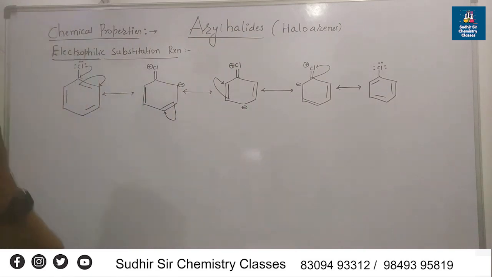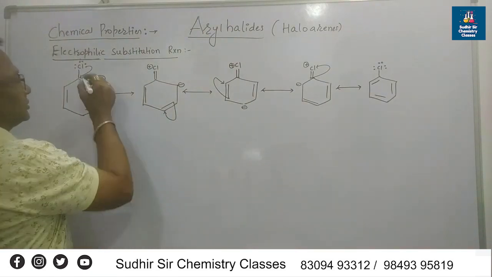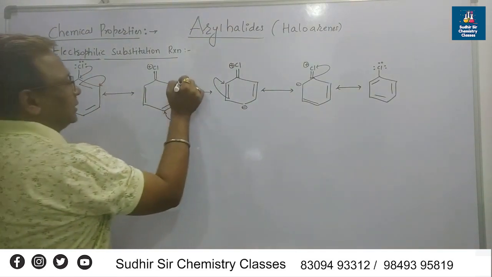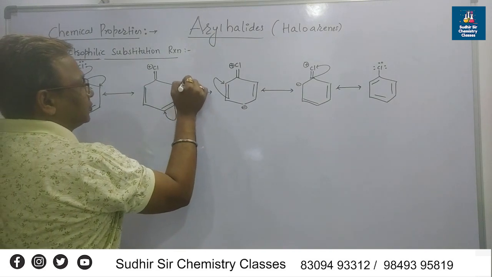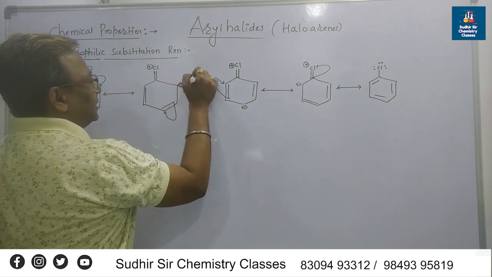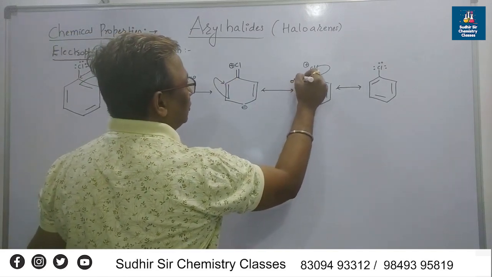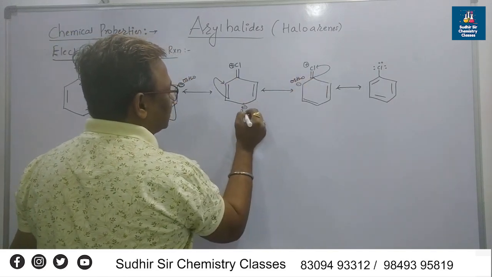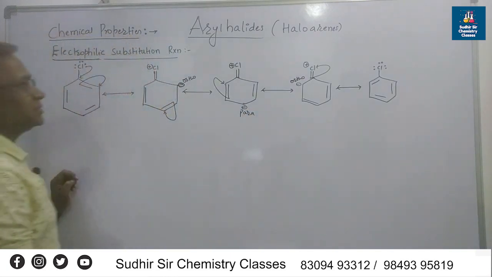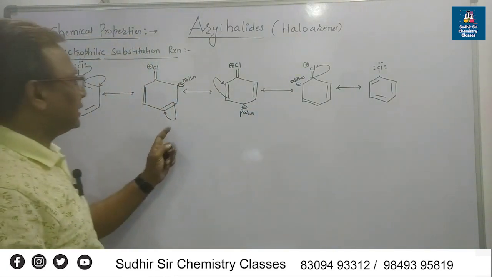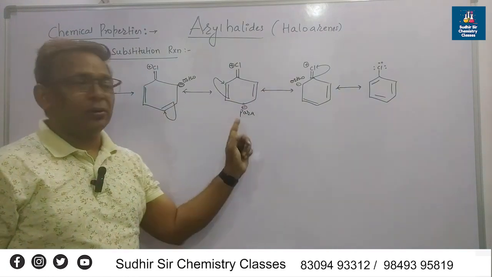But in these resonating structures, what did you understand? Due to the electron donating group, it increases the electron density at this position. This position is called ortho, this position is also called ortho, and this position is called para. This means my electrophile can attack either at the ortho or at the para.